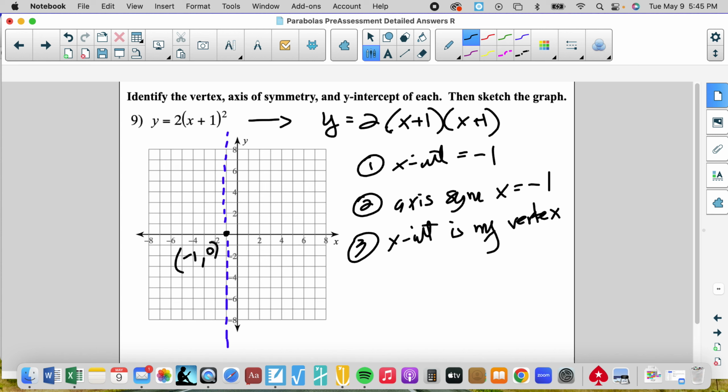That's why it's my x-intercept, it's my vertex. I plugged in -1 and I got 0 times 2, which is 0. So here's where we're at step 4 and we still only have 1 point. So let's find the y-intercept. That one will be good.